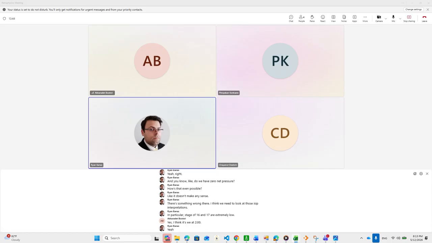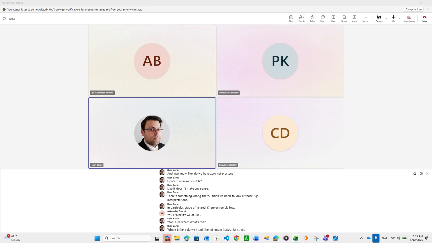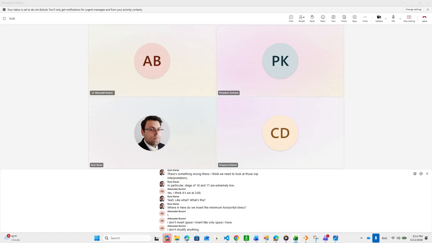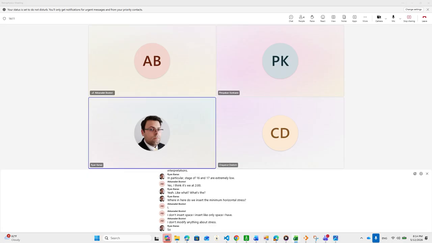Where in here do we insert the minimum horizontal stress? So, yeah, it's right up, go to the top.